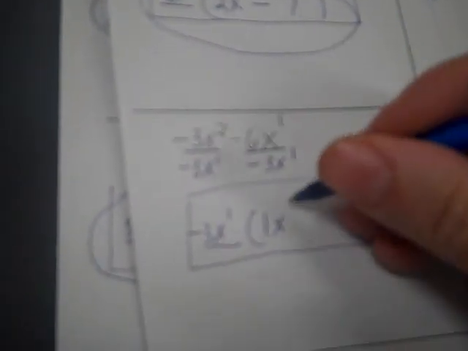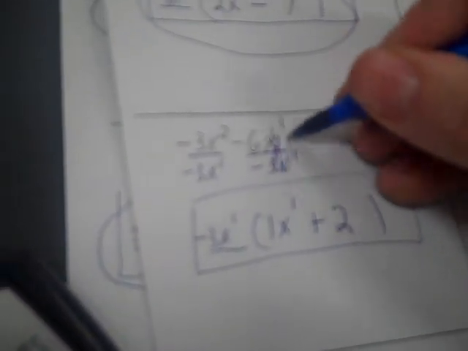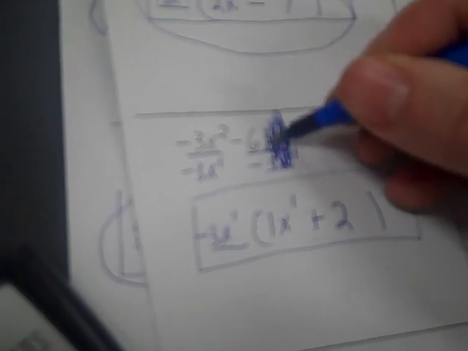Negative 3 divided by negative 3 is 1. Then on x, you got 2 minus 1, and that's 1. Okay, then you got negative 6. That's a negative 6 divided by negative 3. I got positive 2, so I write plus 2. And get rid of those. You should have gotten rid of them at the start. Sorry, I didn't do it. Get those 1s out of there.